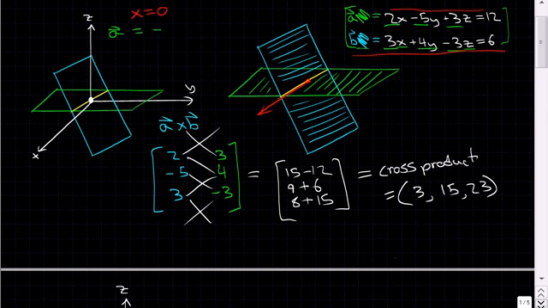And that means that we get negative 5y plus 3z equals 12. And then for b, it's 3 times 0, so we'll just go 4y minus 3z equals 6.